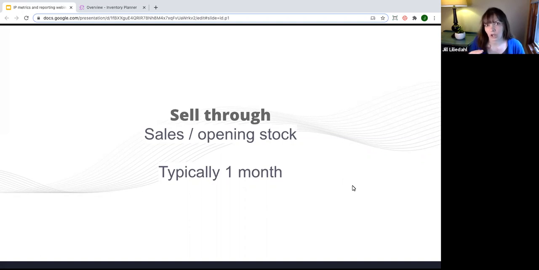But if we're getting closer to 100%, that means that we've sold through everything that we've purchased. And in fact, generally the higher the better on sell-through, but we can't actually get to a ceiling on this. You could even be at more than 100, meaning you're purchasing a couple of times a month and going through all of that inventory.